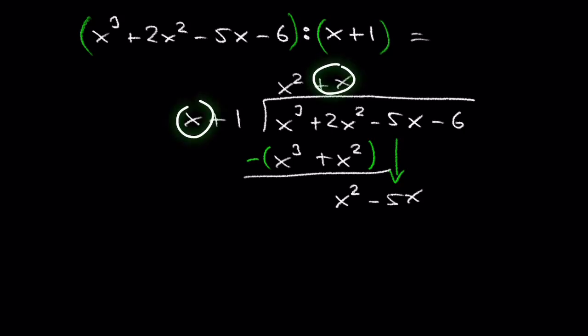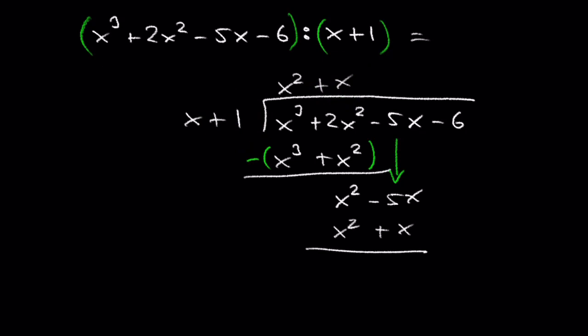X times x is x squared. X times 1 is x. X squared minus x squared is 0, and negative 5x minus x is negative 6x. Bring down the negative 6.